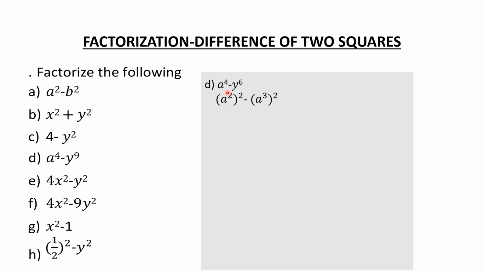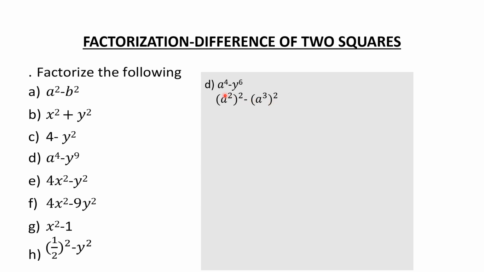So a recap: you divide the power by 2. 4 divided by 2 is 2, so this becomes a power 2. The 2, you always write outside. Here again, 6 divided by 2 is 3, so it will become y power 3, and again outside the brackets we always write the 2.